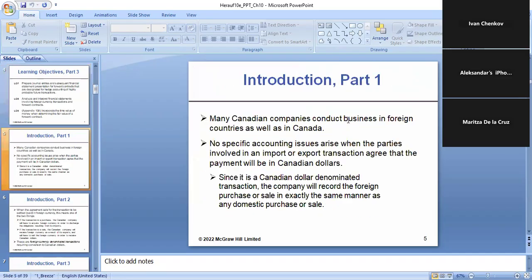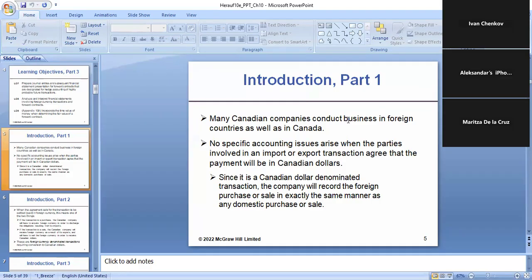What we have to find out here is that many companies conduct business in foreign currency as well as in Canada. No specific accounting issue arises when the parties involved in the import and export transaction agree to payment in Canadian dollars. As long as the partners on the import-export agree to pay in Canadian dollars, there are no issues.